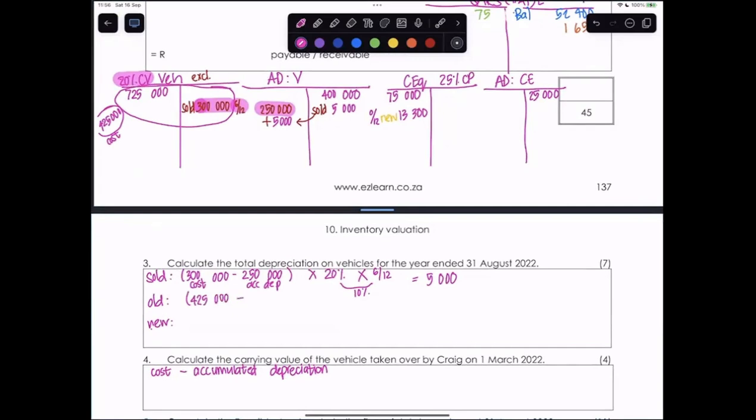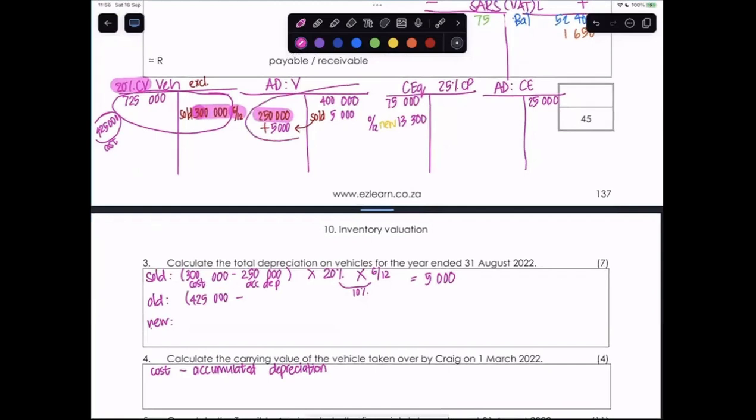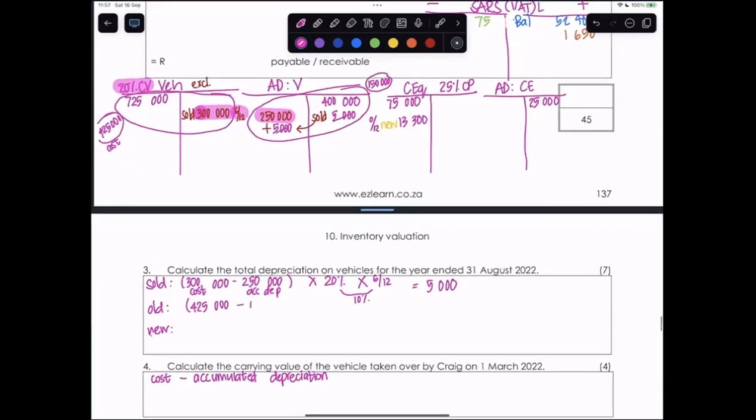I can then look for my ACDEP by saying how much is left in this account, and again, it's using everything. The nice thing is that the 5,000 comes in and goes out again. So you can actually just use the beginning balance minus the beginning balance of the ACDEP, and you'll see that there's 150,000 as the accumulated depreciation, which means the carrying value is 300,000 times 20%.